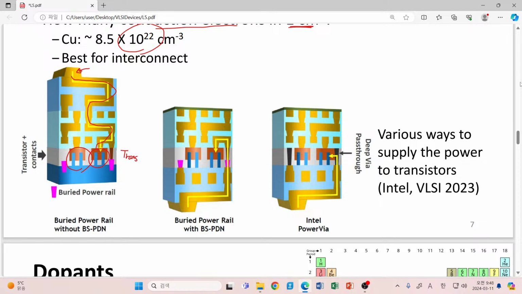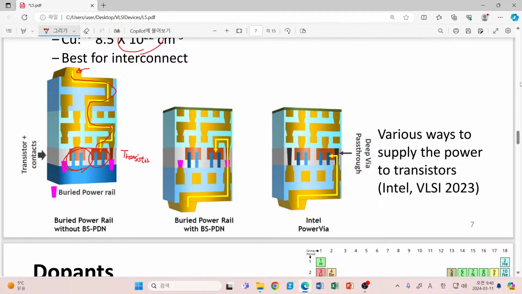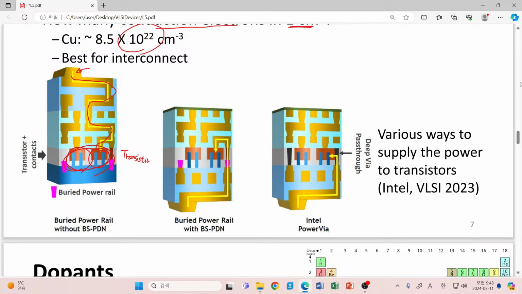We will spend most of our semester on this structure, but in order to provide a certain voltage to it, we must apply it through a macroscopic structure.